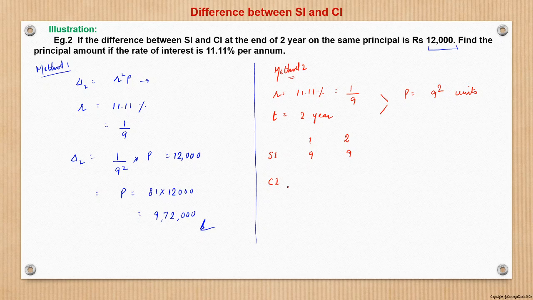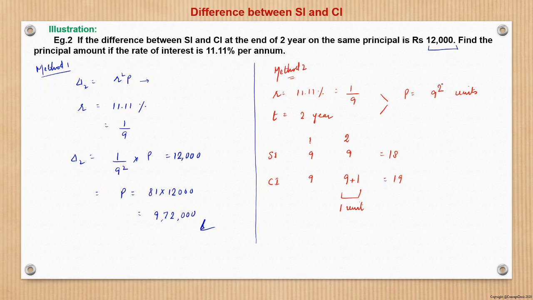Compound interest will be what? Compound interest will be for the first year the same, 9 units, and for the second year it will be 9 plus 1 by 9 of this 9, right? Interest on interest. Interest during the first year is 9, so 1 by 9 of 9 is 1 unit, so this becomes 10. So total here it is 18 and this is 19. The difference for the second year is just 1 unit, right?